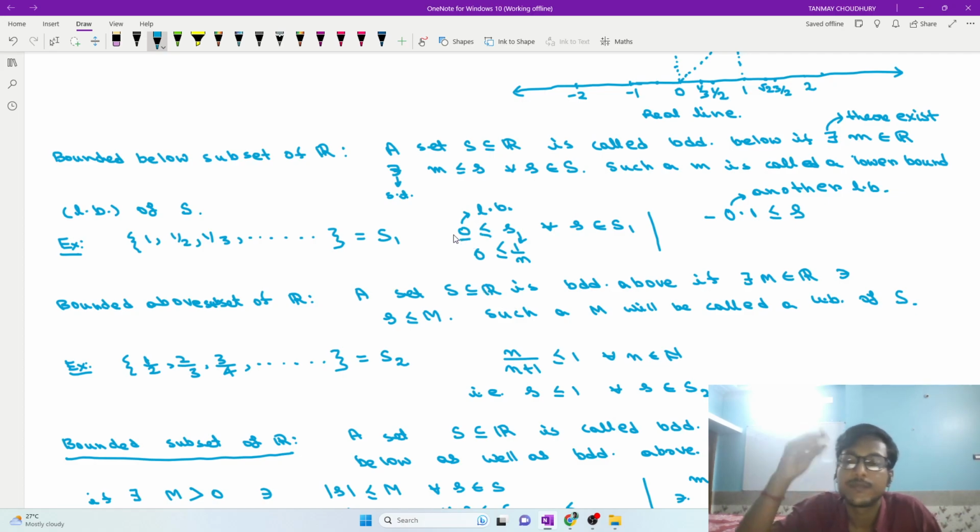Anything lower than 0 will also work as a lower bound, that is quite obvious. But my question is, is it possible that there is anything greater than 0 which will work as a lower bound for the set S1? Think for a few seconds.